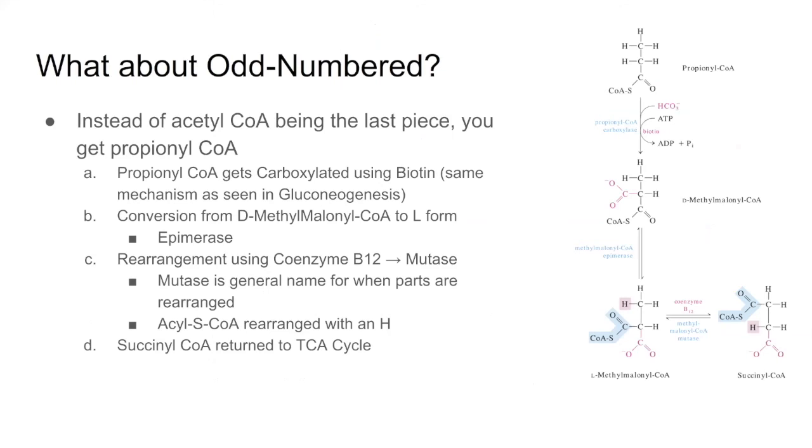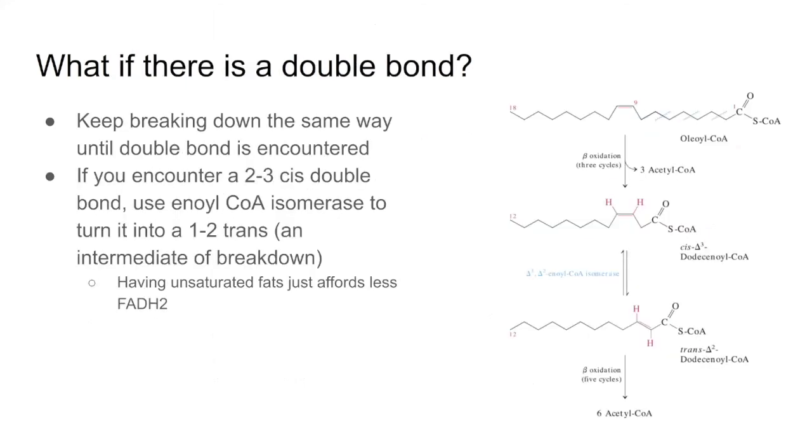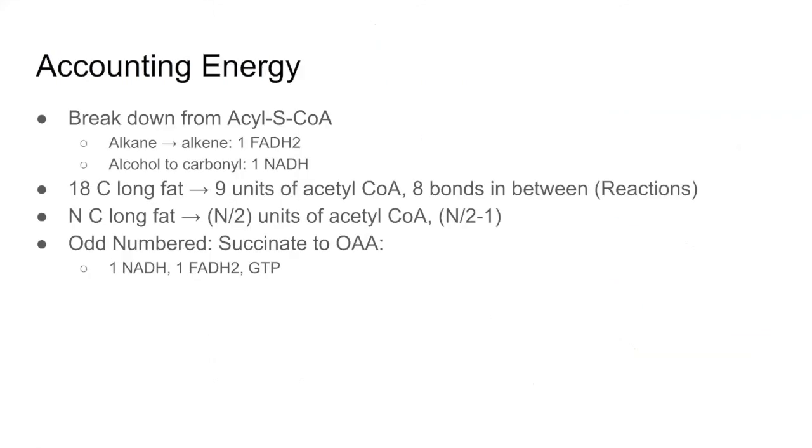We can ask you about the mechanism for how the odd numbered fatty acids can be turned into sugars maybe, and how the last step is converted, or just what steps or enzymes are necessary for the double bond. So just typical reactions that we've seen so far and how you should think about them. Just make sure you understand the cofactors necessary and what products are made from each step.